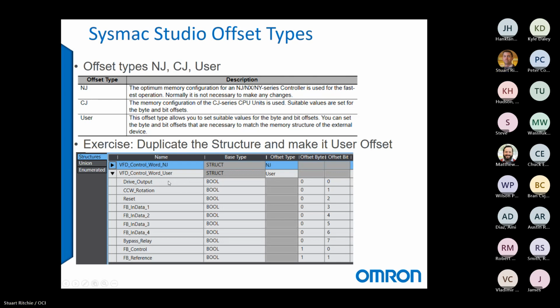So to illustrate this, though, we are going to just copy and paste our control word NJ, and we're going to rename it control word underscore user. And we're going to change that offset type to user, and then just fill in your bit and byte offsets like they are on the screen here. So I'll give everyone 2 minutes to do that.